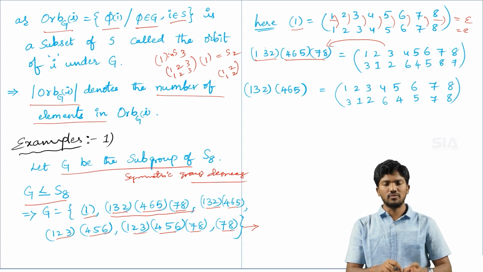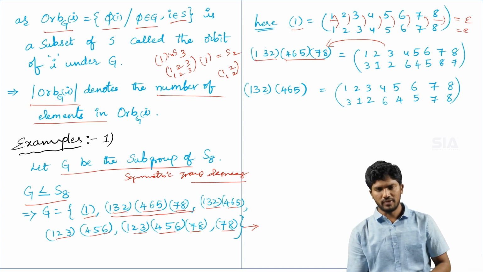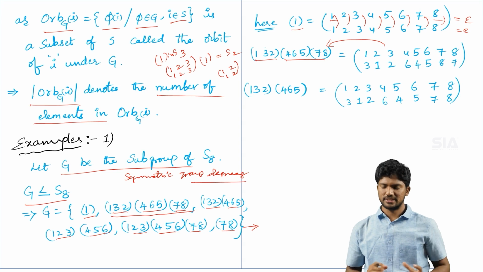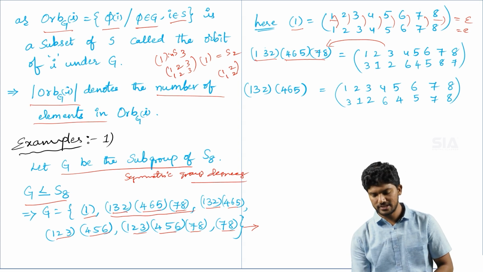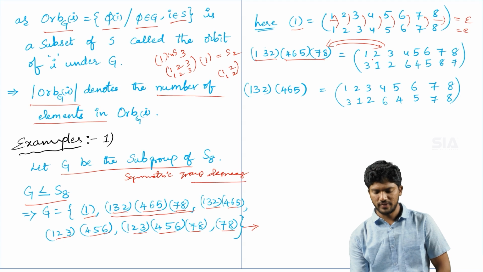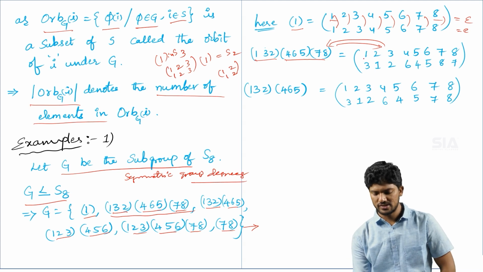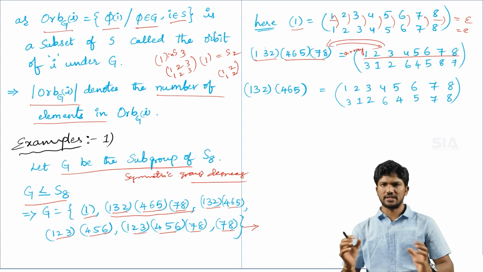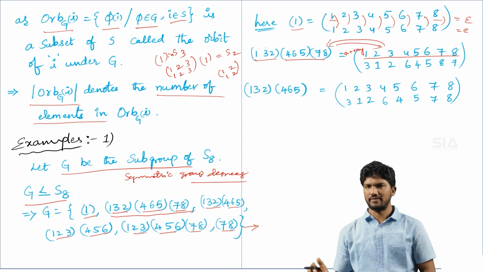Now in this problem we are doing the reverse, further to get the orbit and stabilizer. So we are converting disjoint cycles into a permutation. First of all, in this permutation the first row, called the array, is as it is, trivial: 1 2 3 4 5 6 7 8.